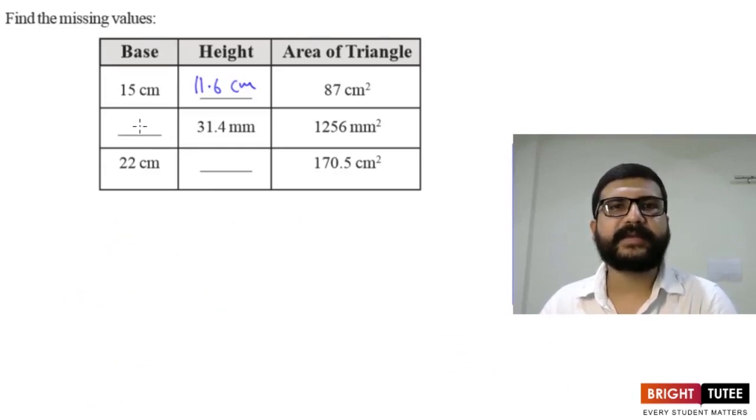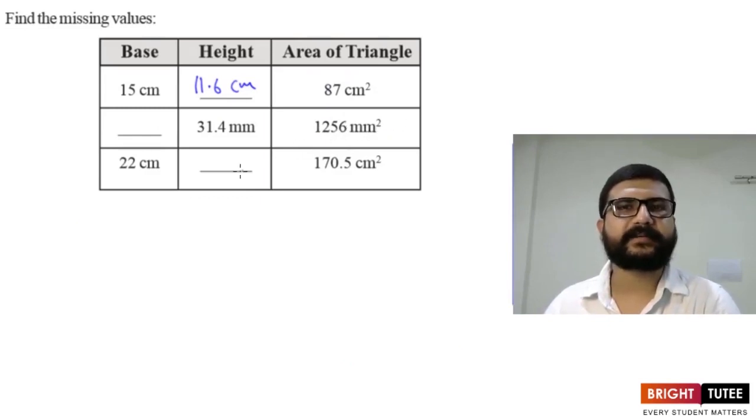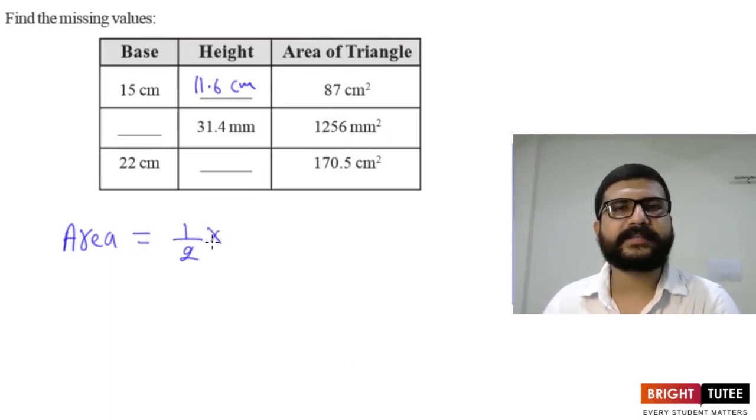Here we have to find the base of the triangle when height is 31.4 mm and area is 1256 square millimeter. So here again we will use the same formula. Area is equal to half into base into height.